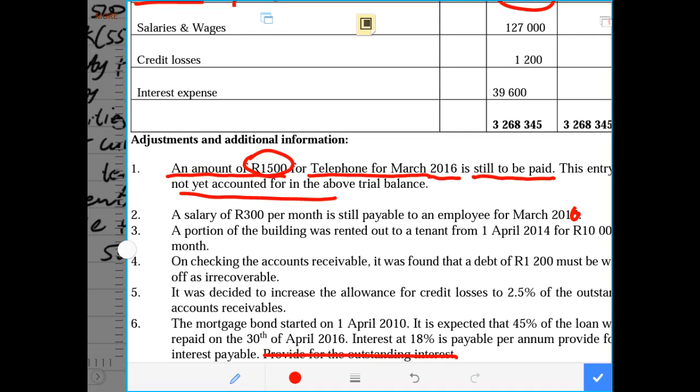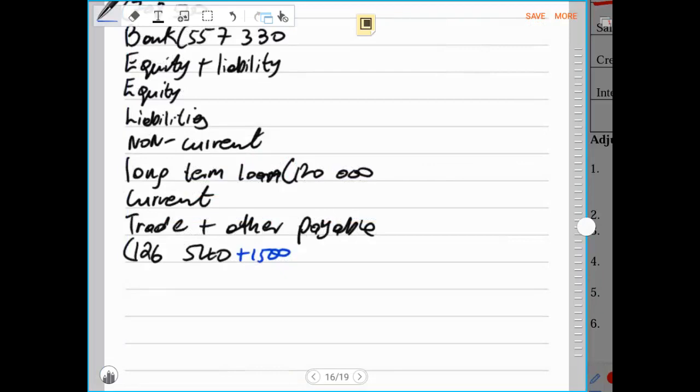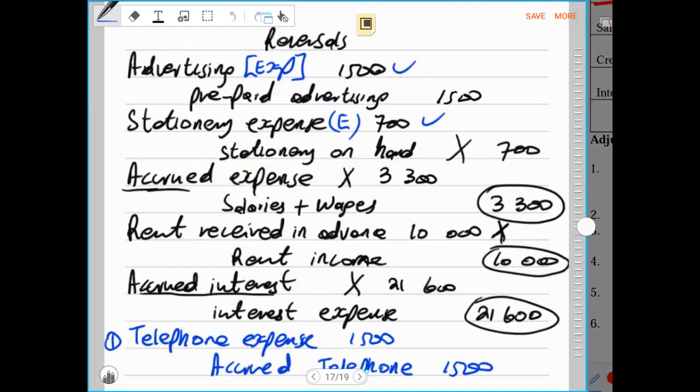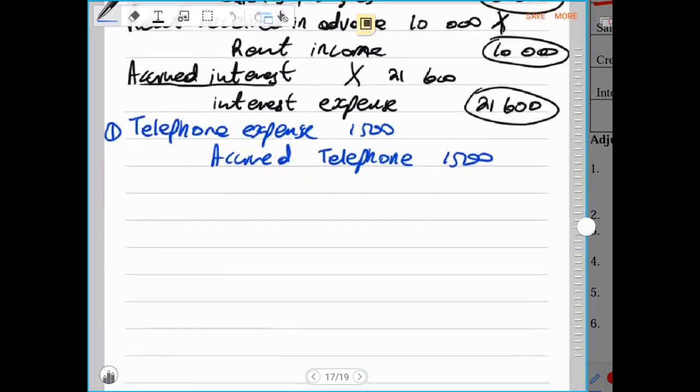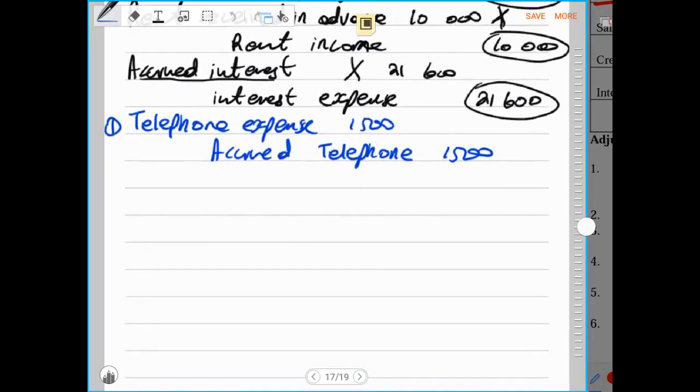Then we go to the next entry, entry number 2, which says that a salary of 300 per month is still payable. That means not yet paid, for the month of March in the year 2016. That is another accrued expense that we have to account for. So we debit our salaries and wages and we credit our accrued salaries.